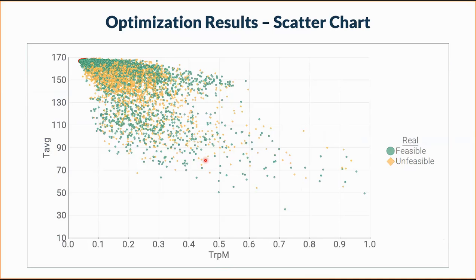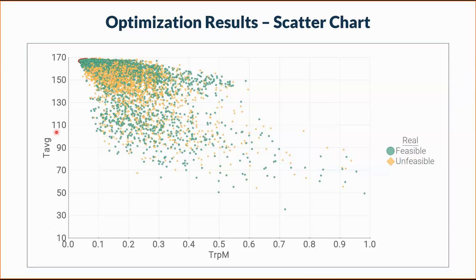What the yellow points mean is that those designs did not meet the constraints. Most of these designs did not meet the input geometry constraints, but eventually the algorithm was able to figure out the direction it needs to move to get optimal designs.